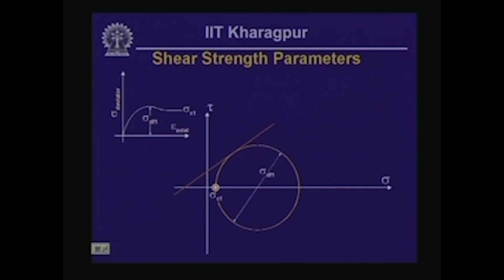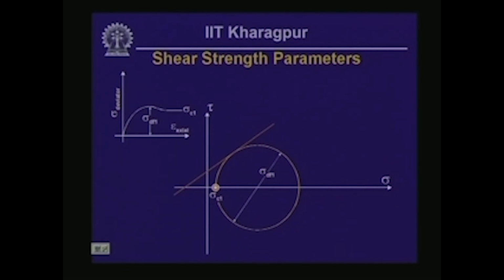If you add the deviator stress at failure for this test, sigma df1, to sigma c1, you get the major principal stress. So the Mohr circle for this state of stress is plotted on the tau sigma space shown near the bottom right.